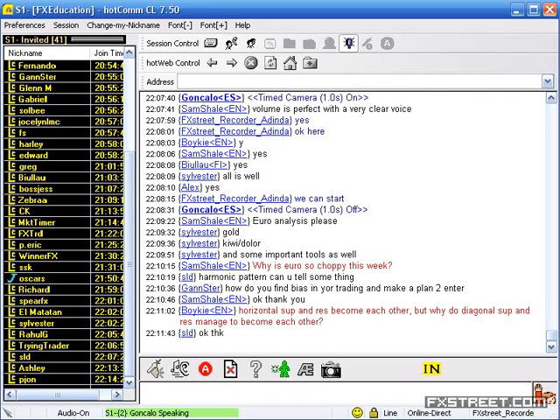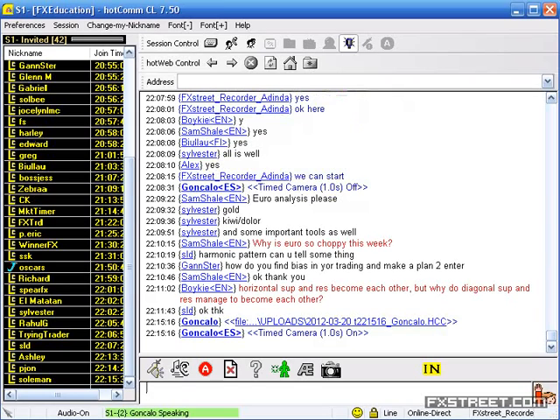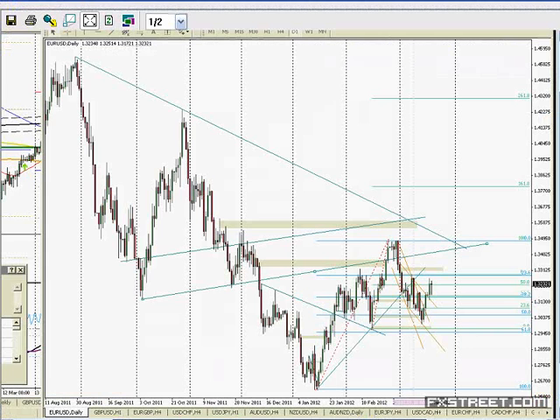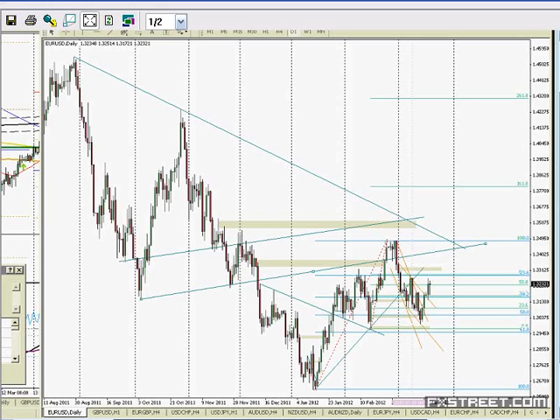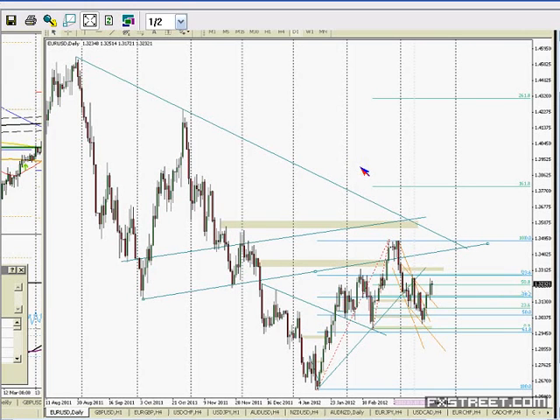When talking specifics, I may perhaps open the chart just to show you how we would approach. The first thing I would do to build the plan is start with a higher time frame, okay, and go into lower ones, okay.